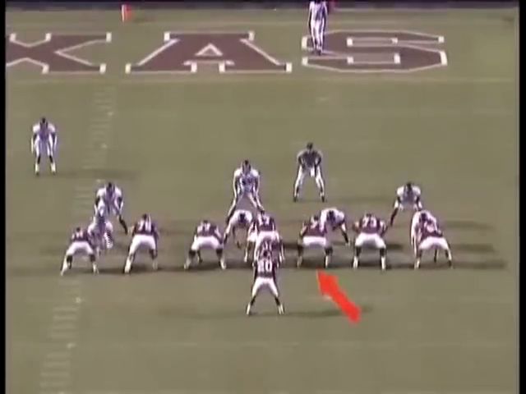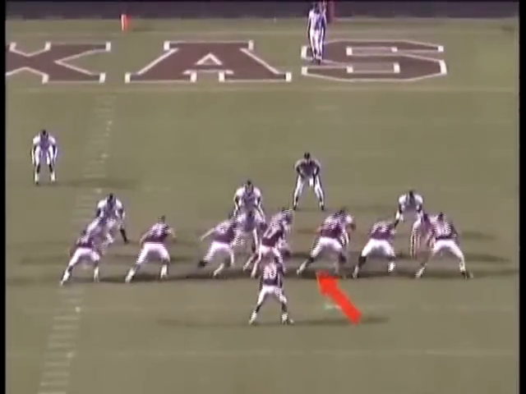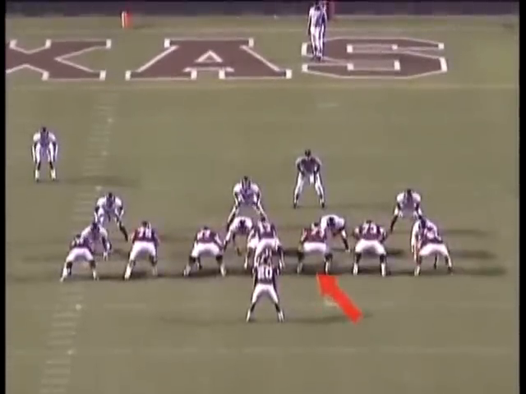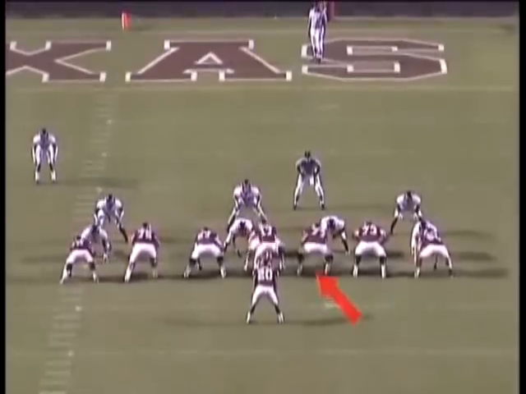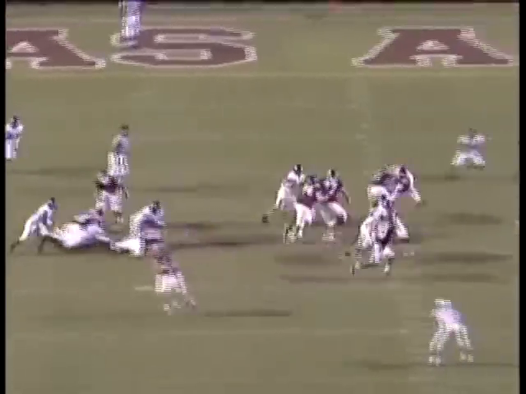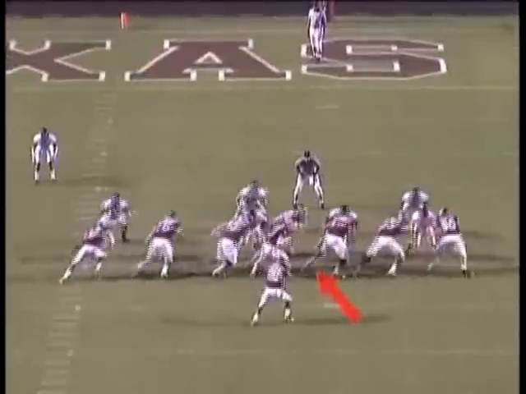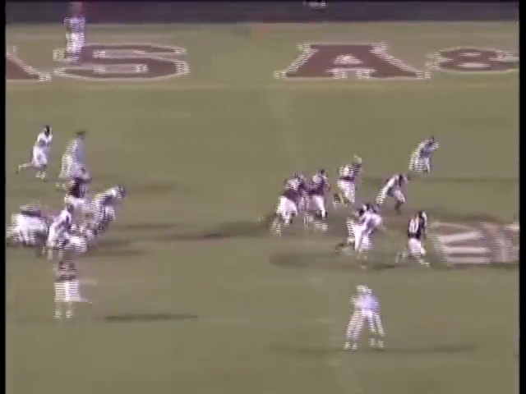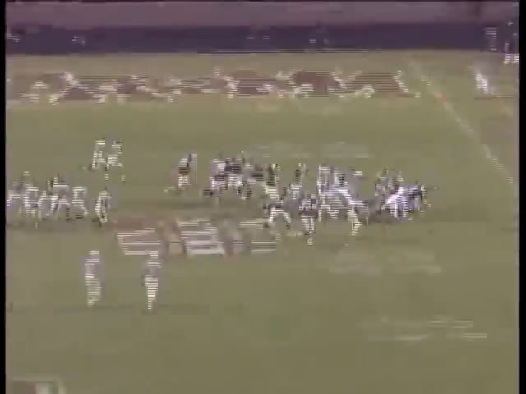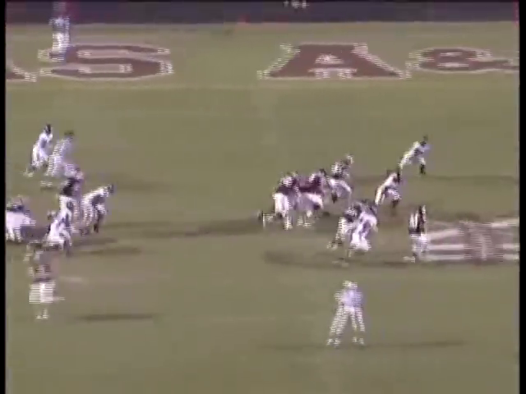So here 77 is the right guard. Good target, good footwork. Again, his play side gap at the start of the play is threatened. He's covered on his outside shoulder, so he has to block that man. Once that man goes inside of him, he now becomes the releaser. Solid fit by him and the center.